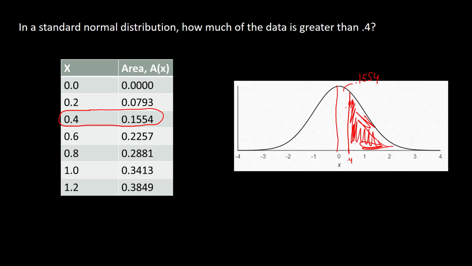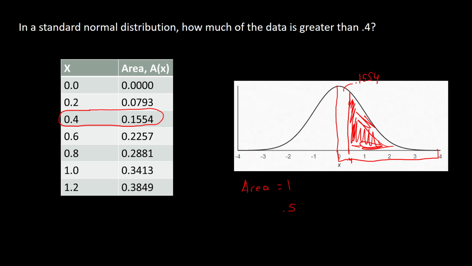So we know that to be 0.1554, but the question is not asking the area in between 0.4 and 0, but how much of the area is greater than 0.4. Going back to our definition of the curve, the area under the curve is going to equal 1. That means half of the curve is going to equal 1/2, or 0.5. So everything from 0 on, this way, all of this area is going to equal 0.5, because that is half of the graph.